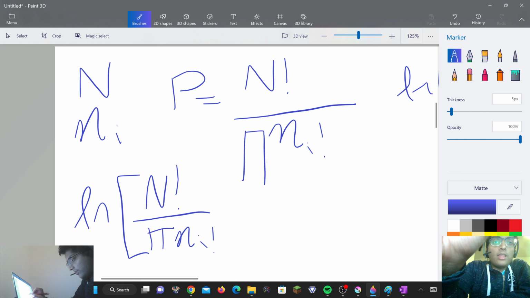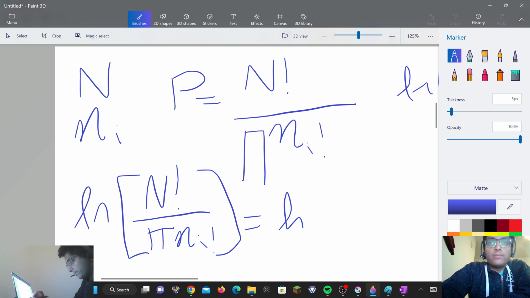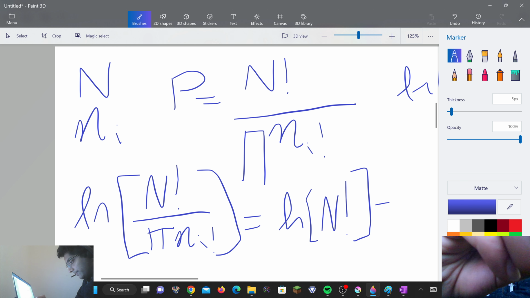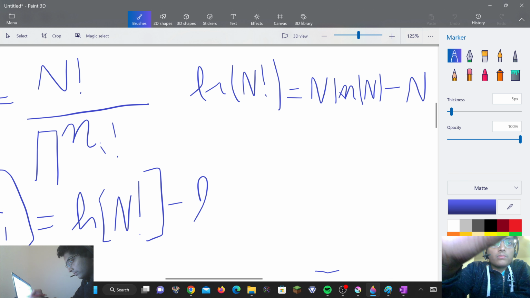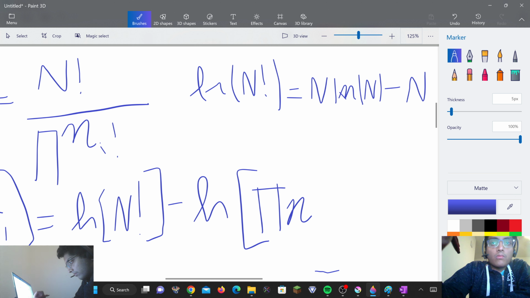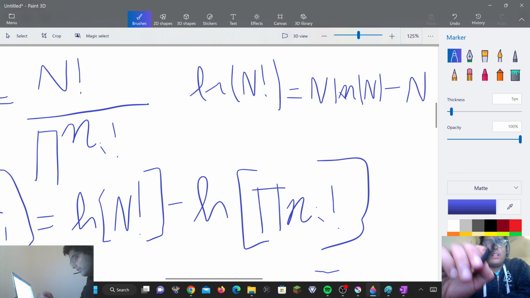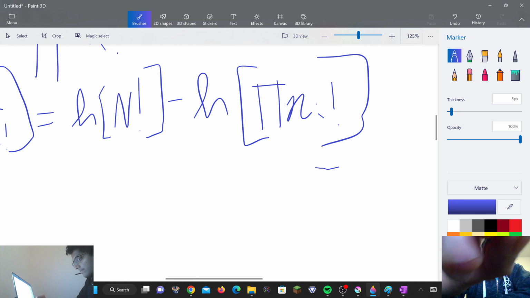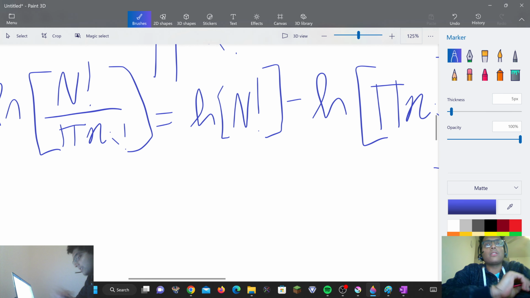And if we do that, first let's simplify this using log rules, and then apply Stirling's approximation.